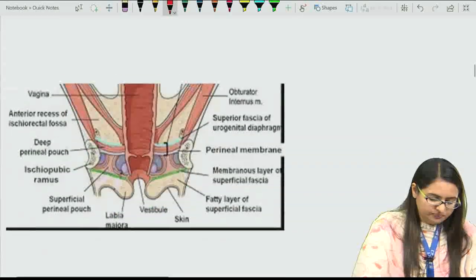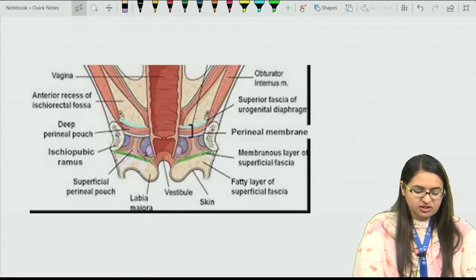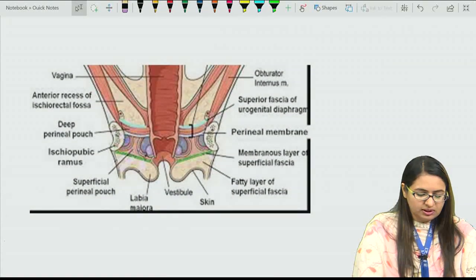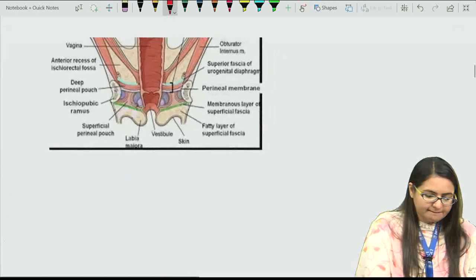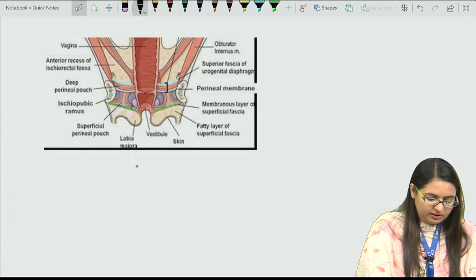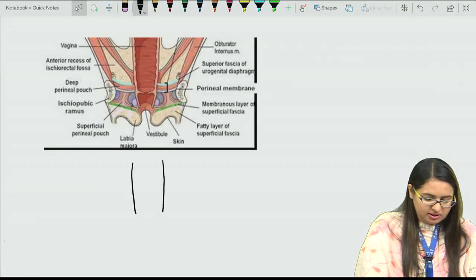Now if you see this picture, this is a coronal section through the perineal area, showing the vagina above and the lower portions below. The vagina, towards the lower side, has the hymen.